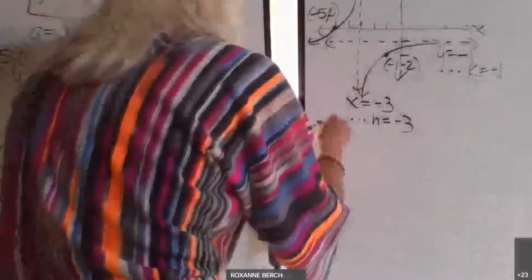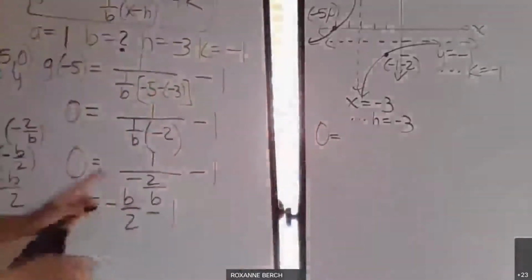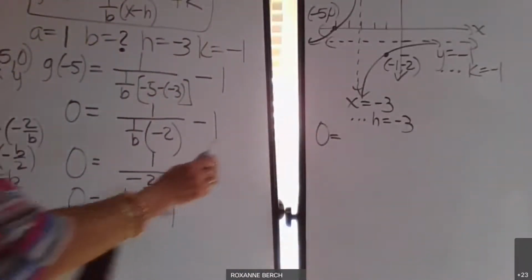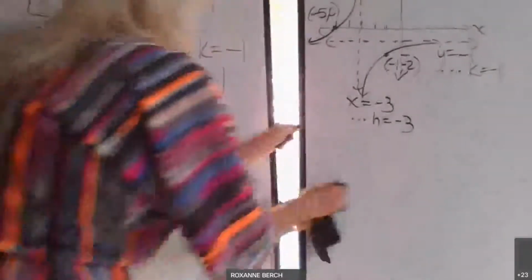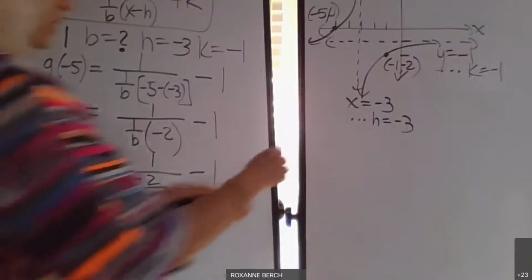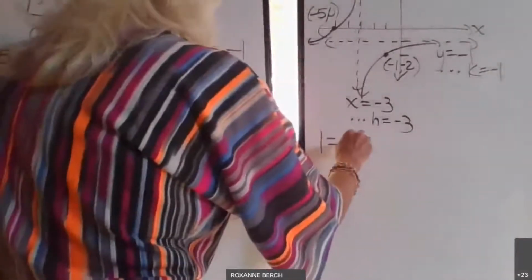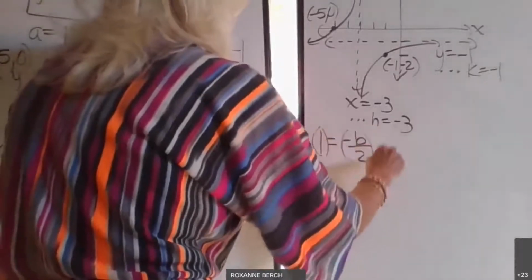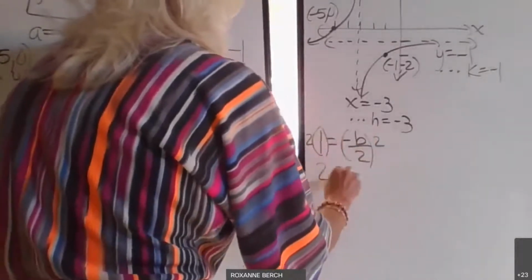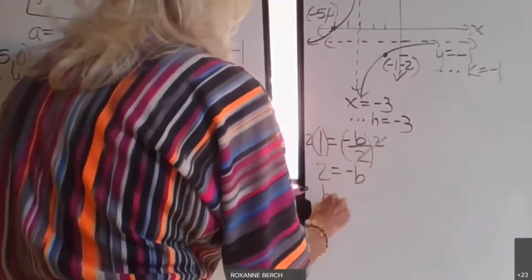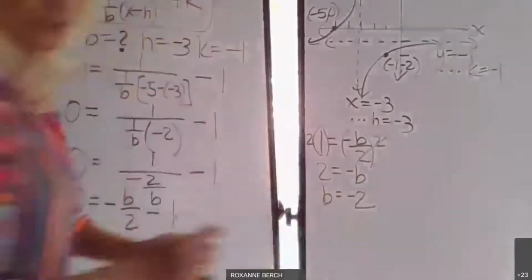Okay? So now we have 0 is equal to, no, wait a minute. We can add 1 to both sides, right? Add 1 to both sides. So it'd be 1 is equal to -B over 2, and then we can multiply both sides by 2. So -B is equal to 2, which means B is equal to -2.